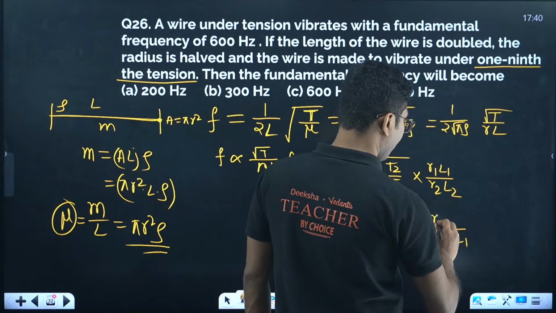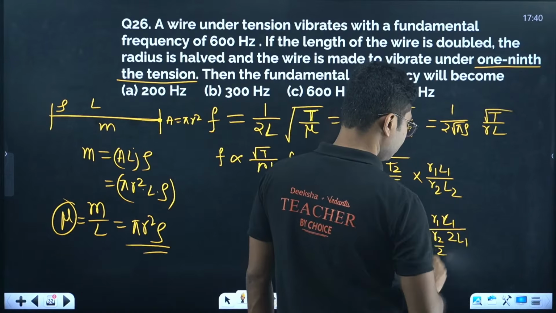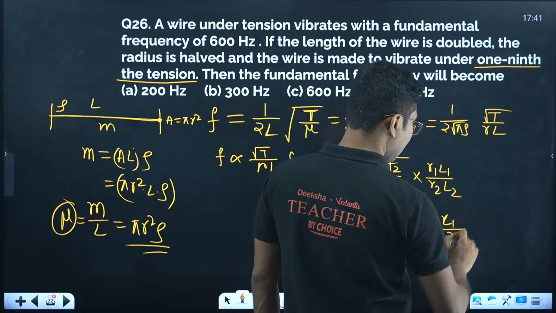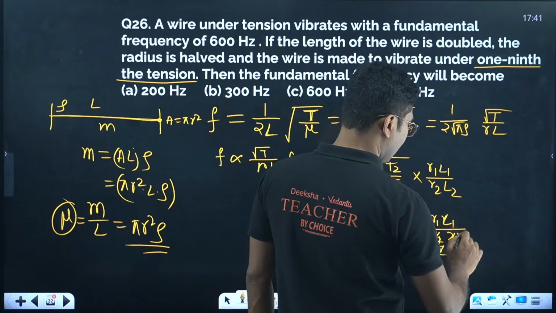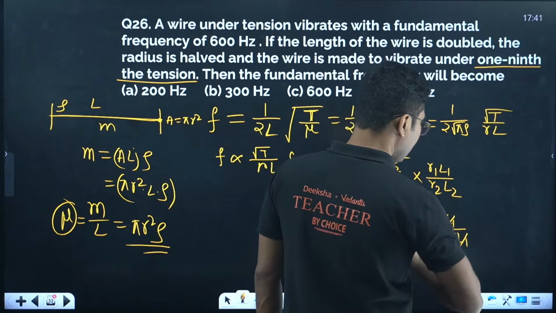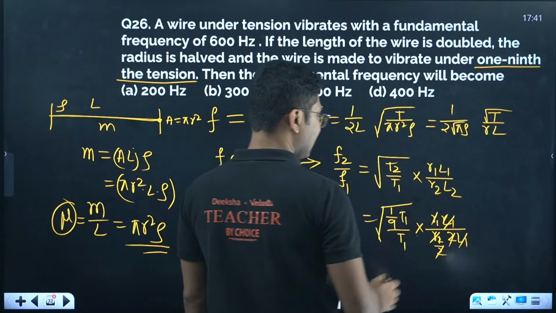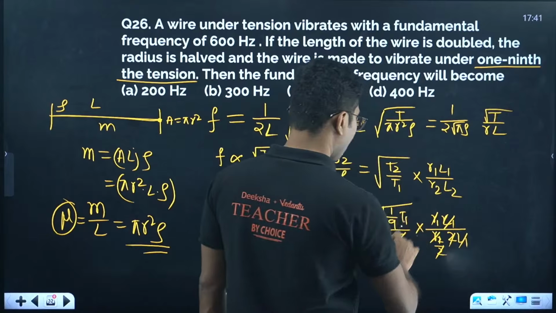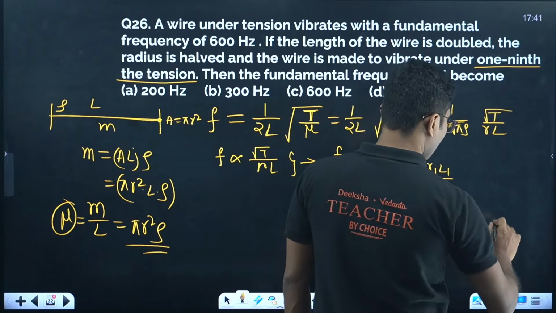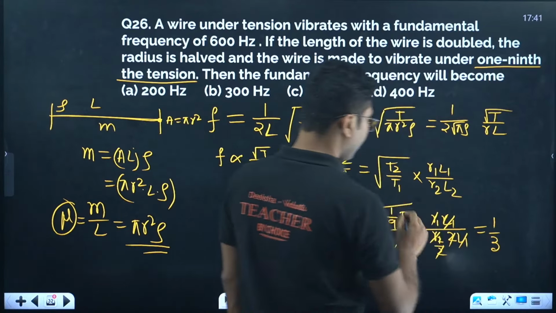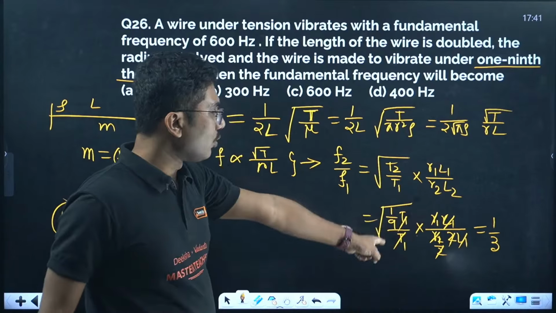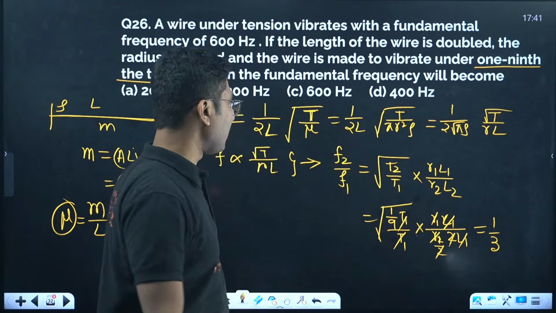Okay, so R1 L1, the 2 cancels. R1 L1 cancels. So basically this one actually cancels. The only thing left is the square root of 1/9, that is 1/3.